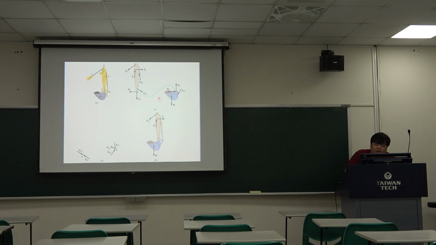And about the bucket and content, we have this pin connected at the point D. So this is the internal force. And we also have the force at the AB member. Okay, because AB member is also a two force member.